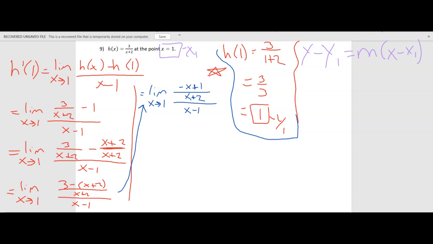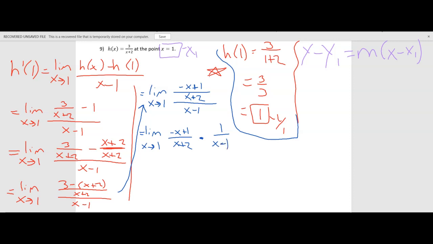And now it would be nice to get rid of the fraction within a fraction. So to do that, we have negative x plus 1 all over the quantity x plus 2. Instead of dividing that entire thing by x minus 1, we can multiply the entire thing by the reciprocal. So multiply by 1 over x minus 1.